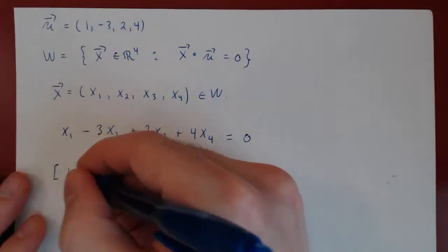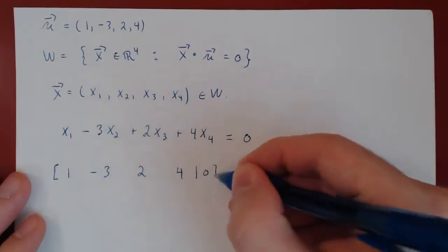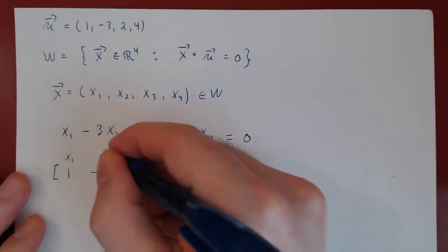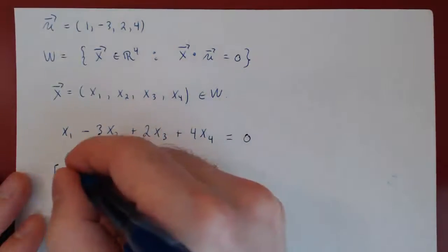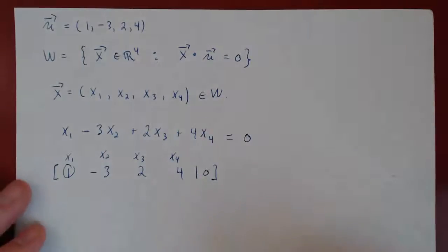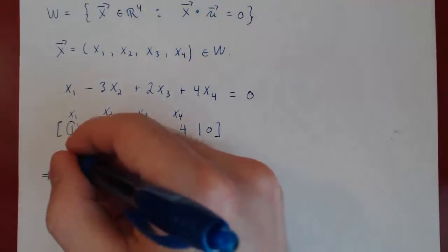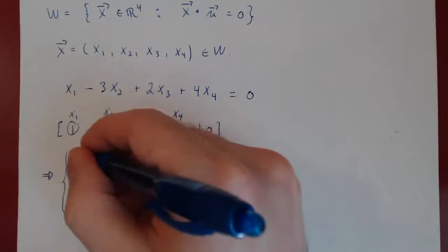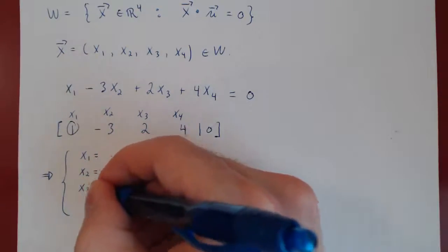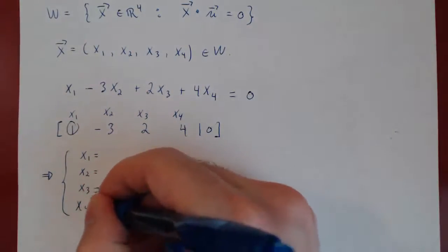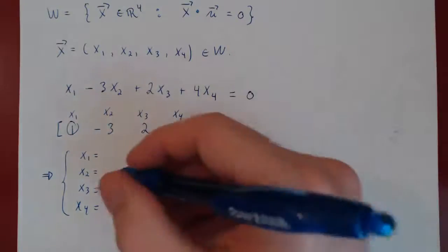Look at the augmented matrix, and this will be quite easy to solve, as the matrix is already row reduced. So we can write our solution set. x2, x3, x4 are free variables, so they are parameters.